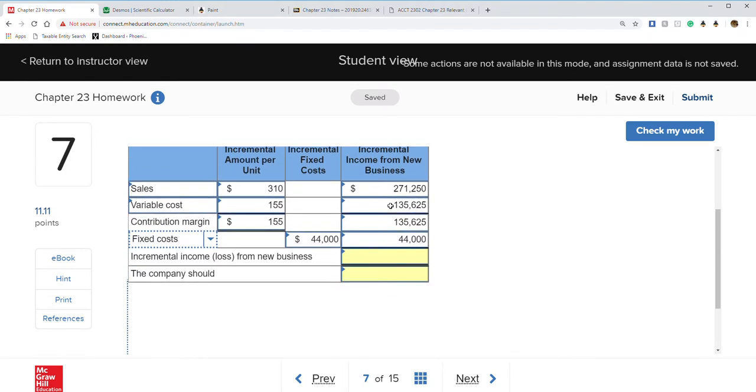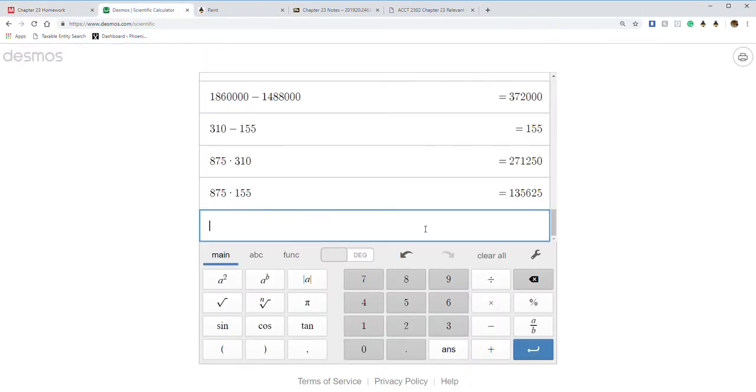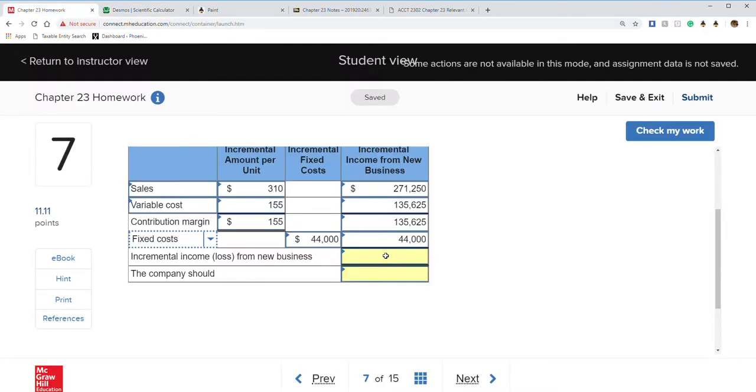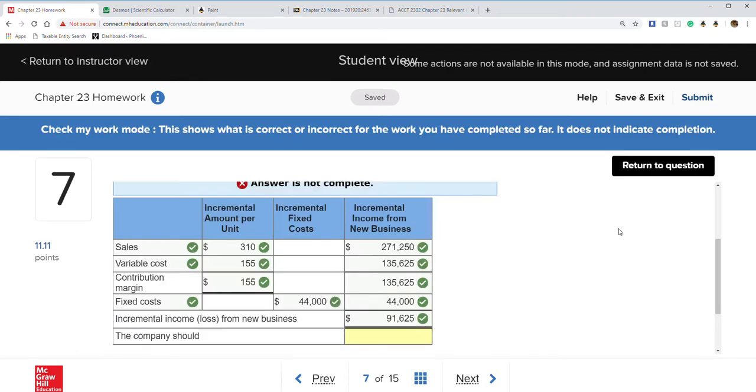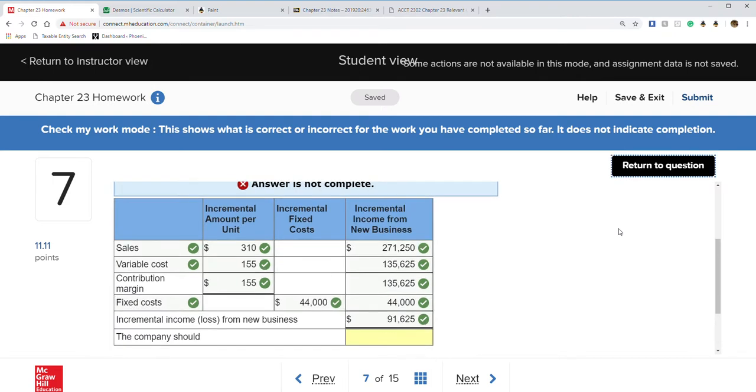Alright? So next, we take our 135,625 and subtract out the 44,000, the additional fixed cost that's going to happen. So we end up with 91,625. Before we answer the question, let's check, make sure our math is correct.